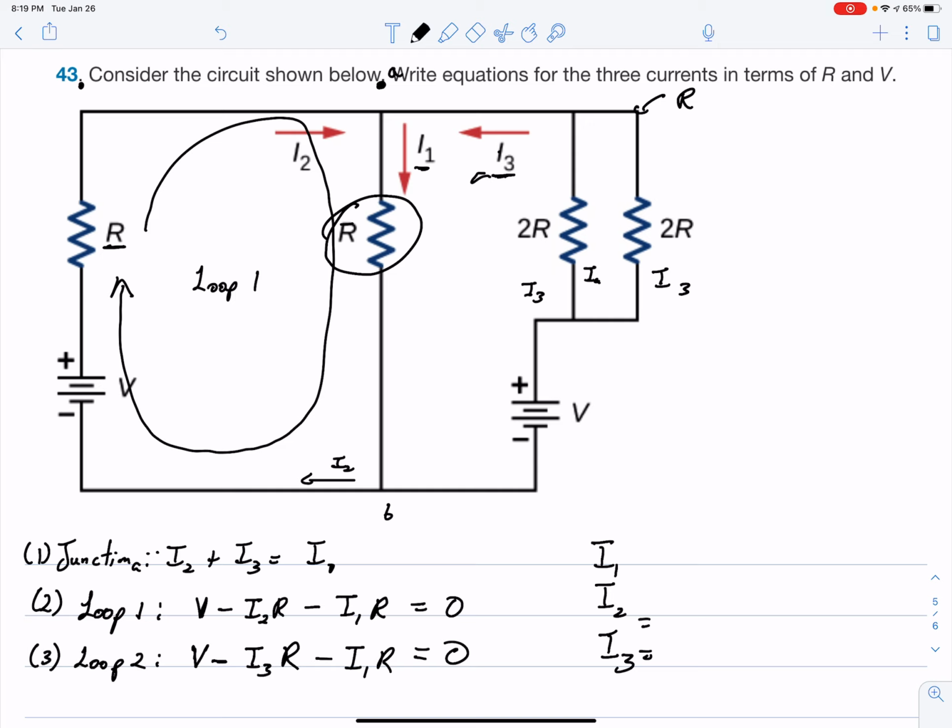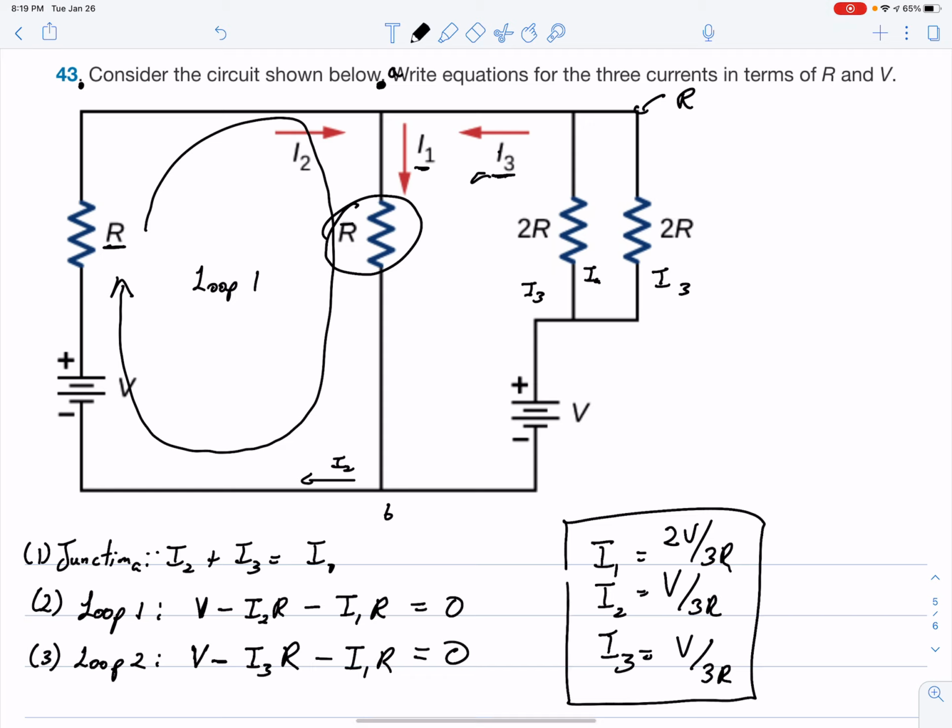So for I3, it's V over 3R. For I2, it's V over 3R. And for I1, it is equal to 2V over 3R. Try it out. Let me know what you think.